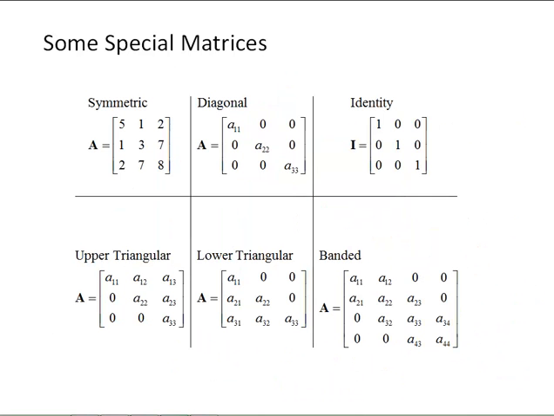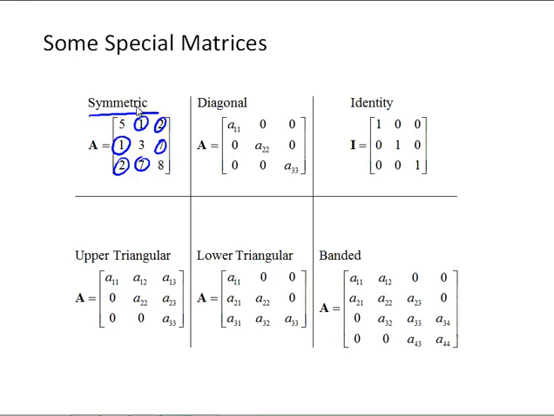Here are some special matrices that identifying these can often help in implementing efficient numerical methods. If we have a symmetric matrix, we can see the elements are the same on either side of the diagonal. So we have a 1 and a 1, 2 and 2, and 7 and 7. You can see how that is symmetric across the diagonal is what we mean when we talk about symmetric.